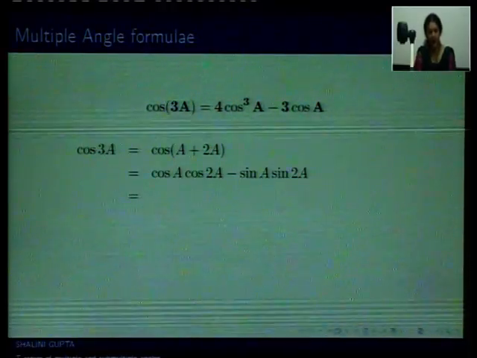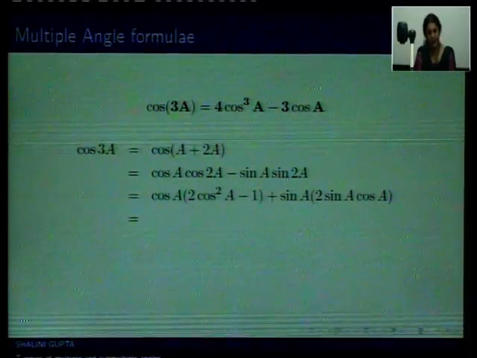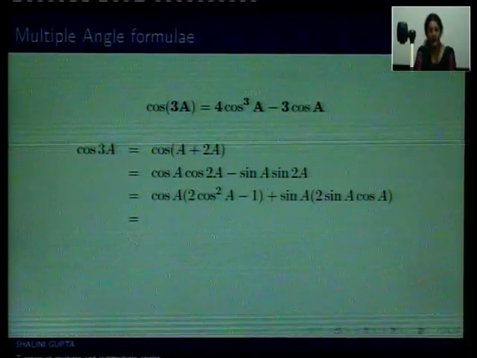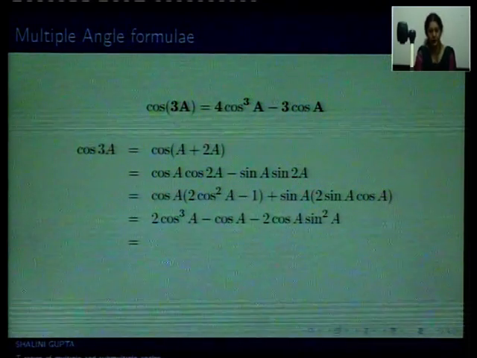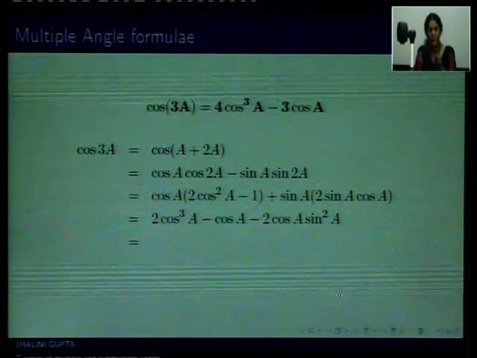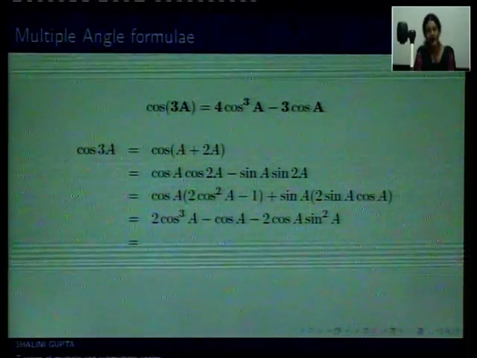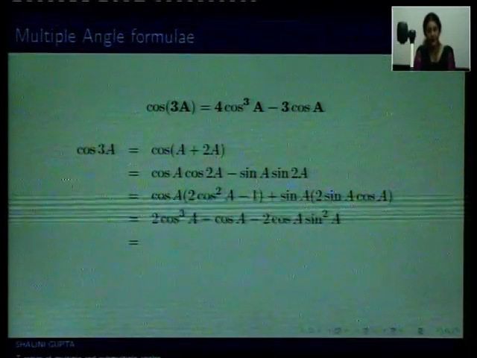Now putting the value of cos 2a as 2 cos square a minus 1 and sin 2a as 2 sin a cos a, we get this equal to 2 cos cube a minus cos a minus 2 cos a sin square a. Now again we know that cos square a plus sin square a is 1.